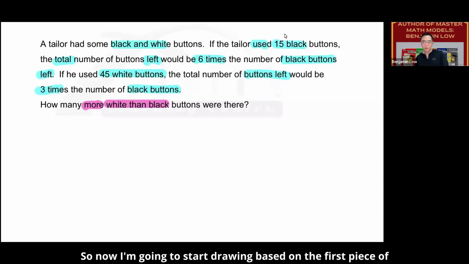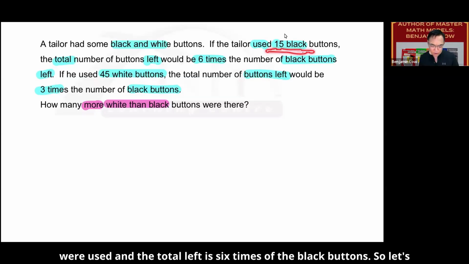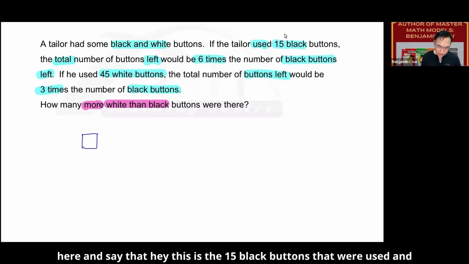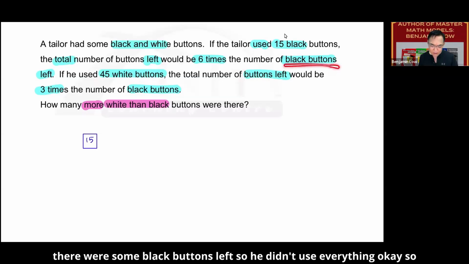So now I'm going to start drawing based on the first piece of information that 15 black buttons were used and the total left is 6 times of the black buttons. So let's just draw a little box here and say that, hey, this is the 15 black buttons that were used. And when he used the 15 black buttons, there were some black buttons left.